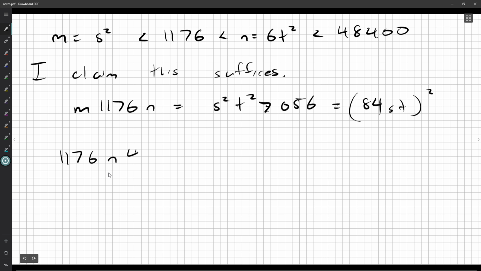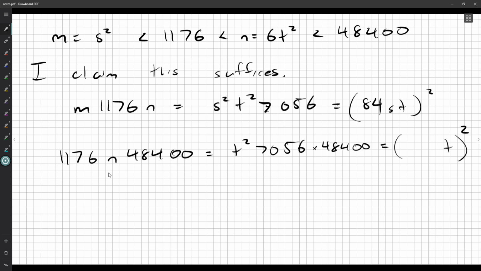1176 n, 48400. I think this is 220 squared, but we'd get t squared, the 6, and the 1176 again combined. This will be t squared, 84, and then 48400 square root is 220.